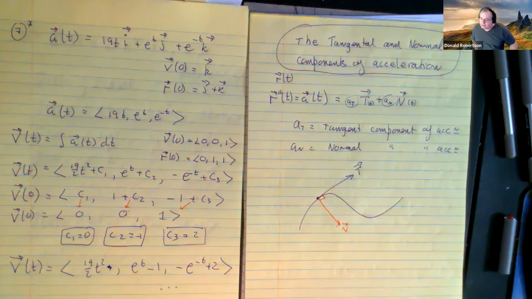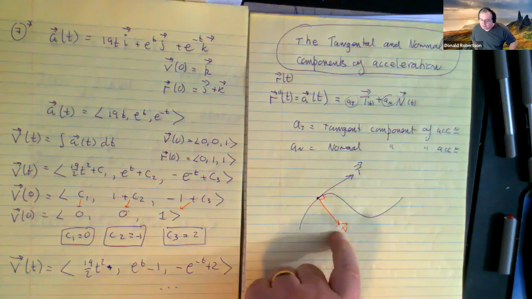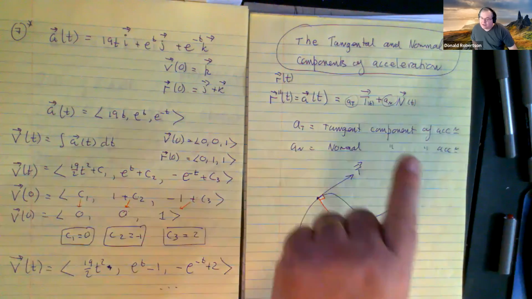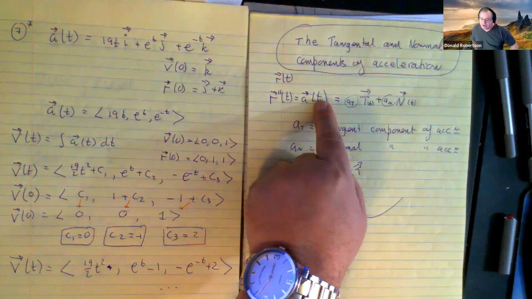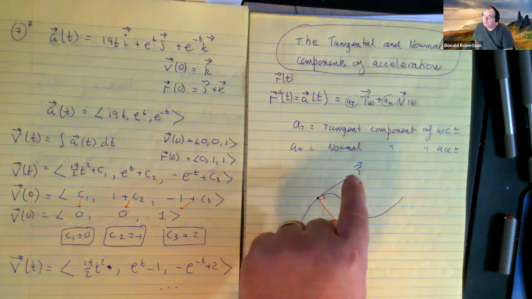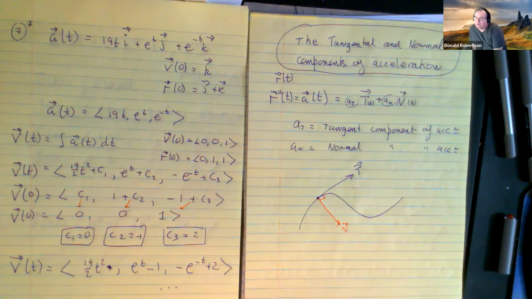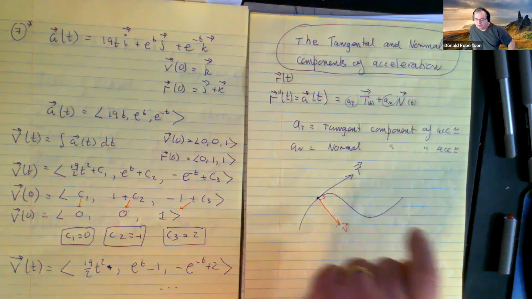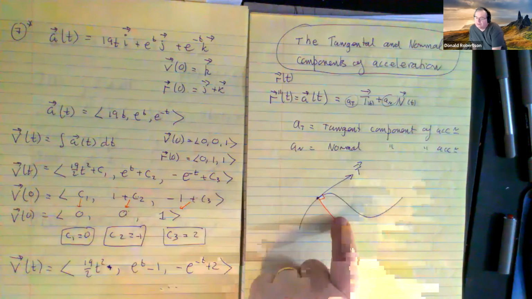And that's a unit vector as well. The acceleration vector is essentially a combination of these two, which intuitively doesn't make sense to me, but I'm not a physicist. But evidently, the acceleration vector is basically just made out of a combination of these two vectors.